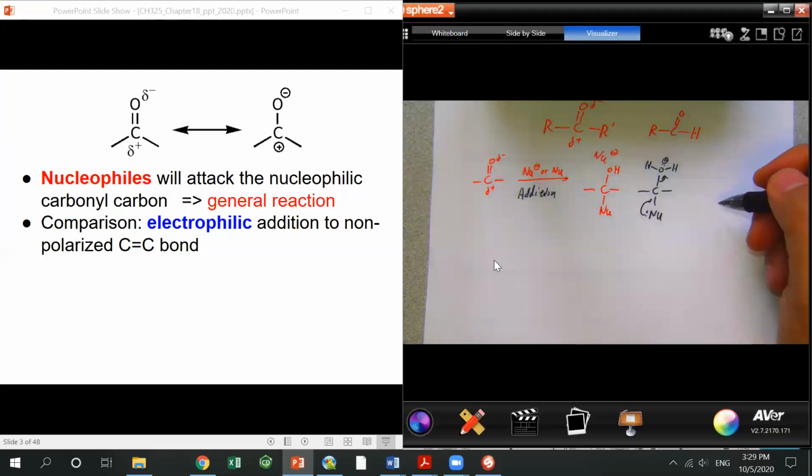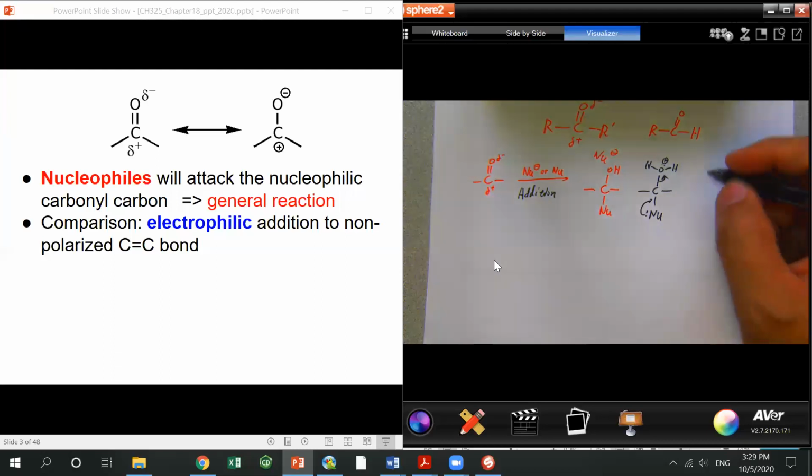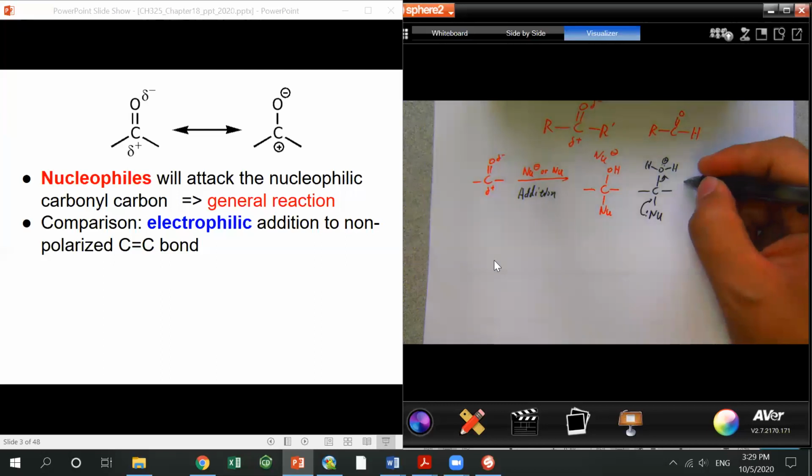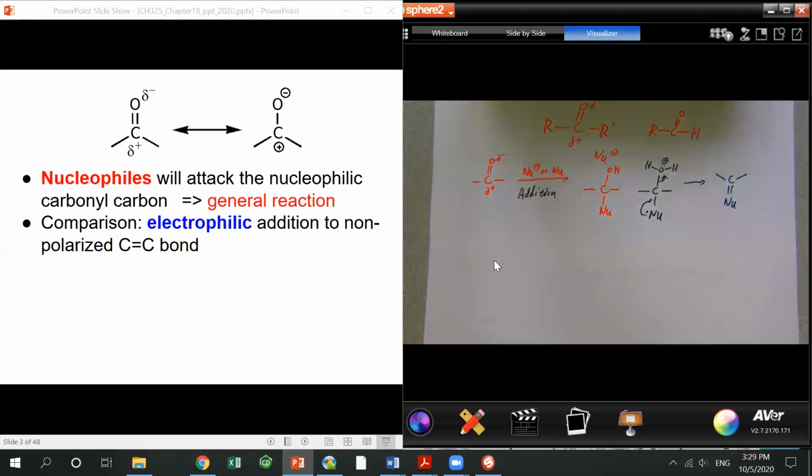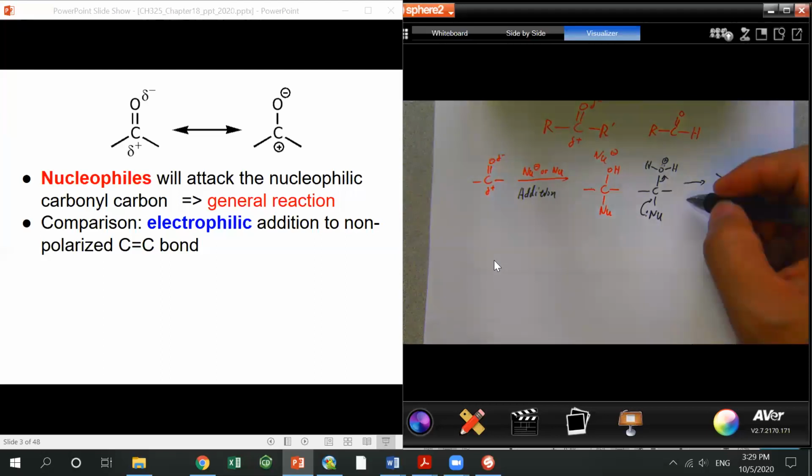Somewhat like an elimination reaction, and then you generate something like this. That's what we call the elimination.